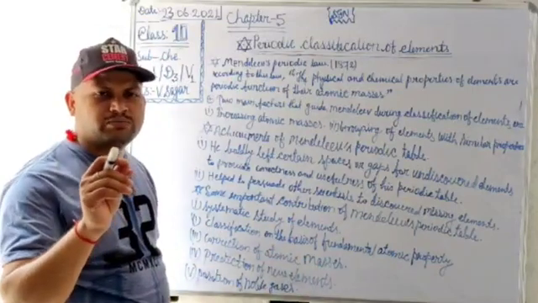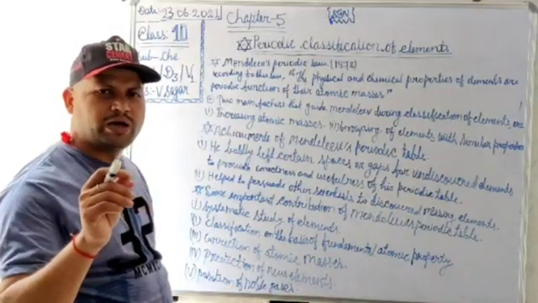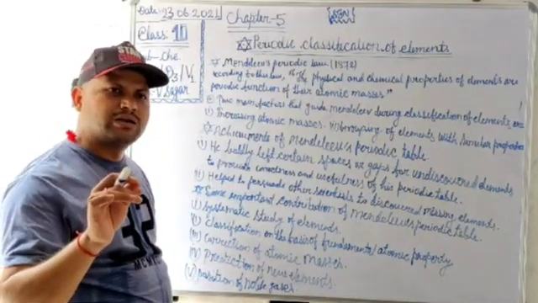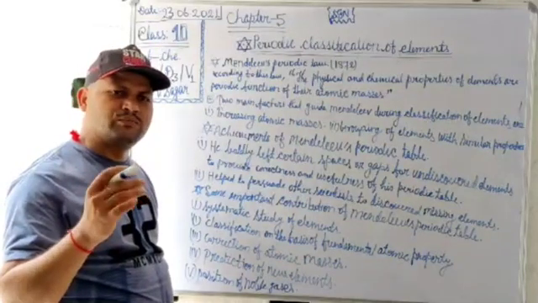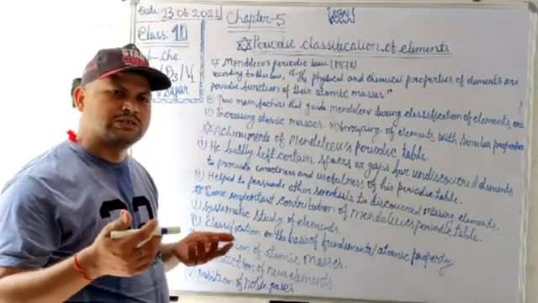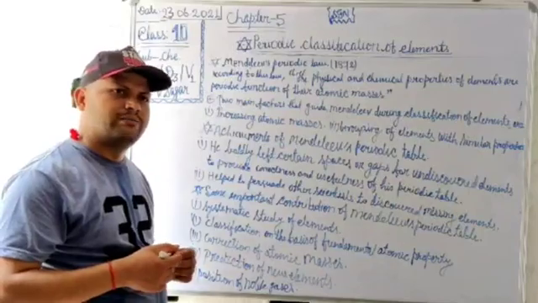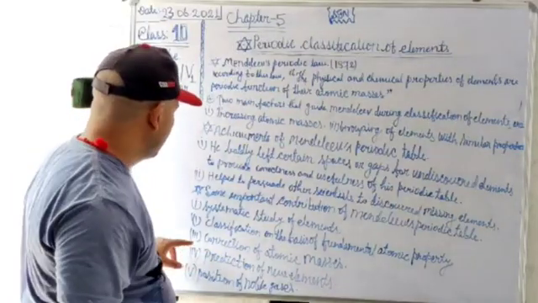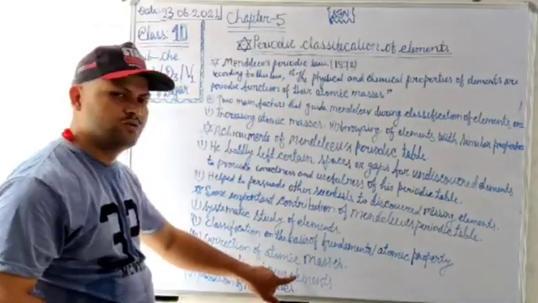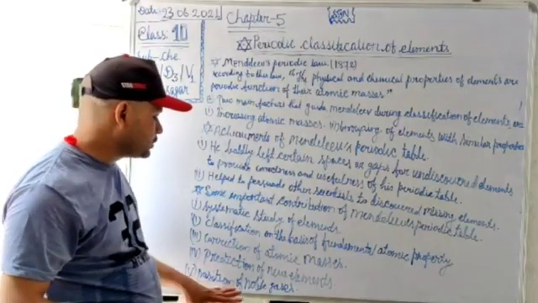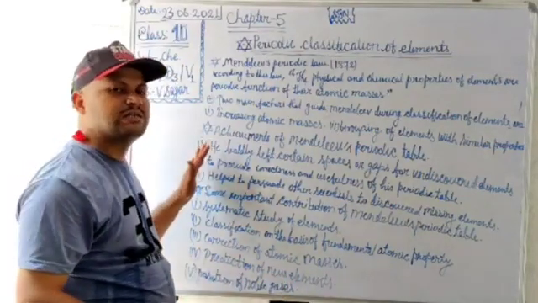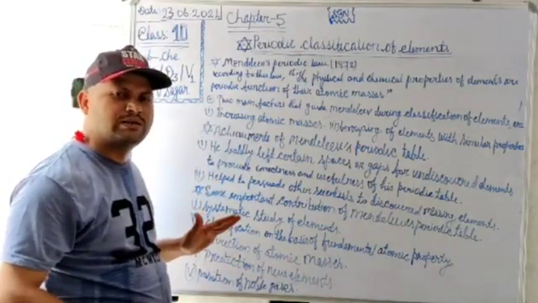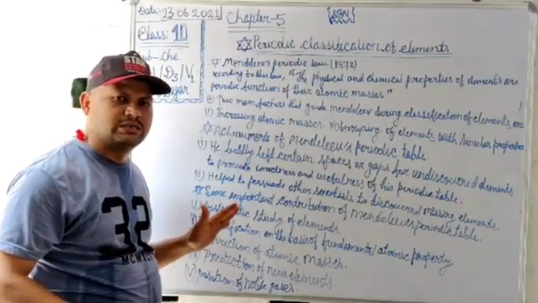Some atomic masses were not correct, but after Mendeleev's efforts the atomic masses of some elements could be corrected, and predictions of new elements and positions of noble gases. These are the achievements of Mendeleev's periodic classification.